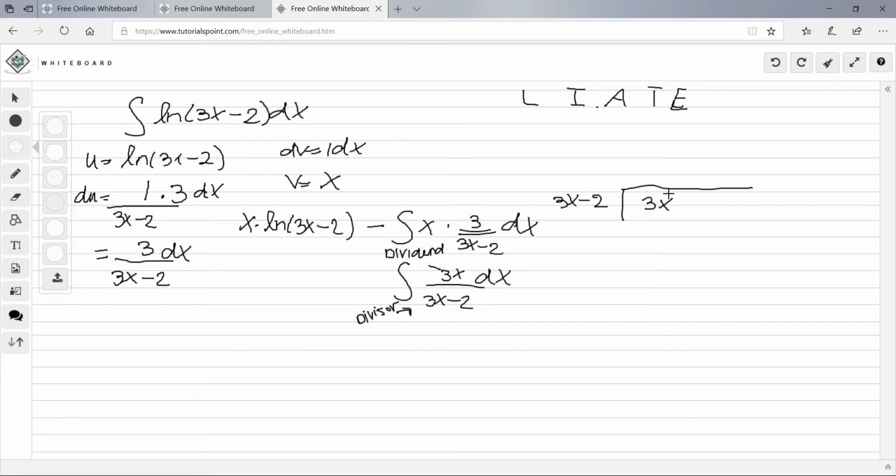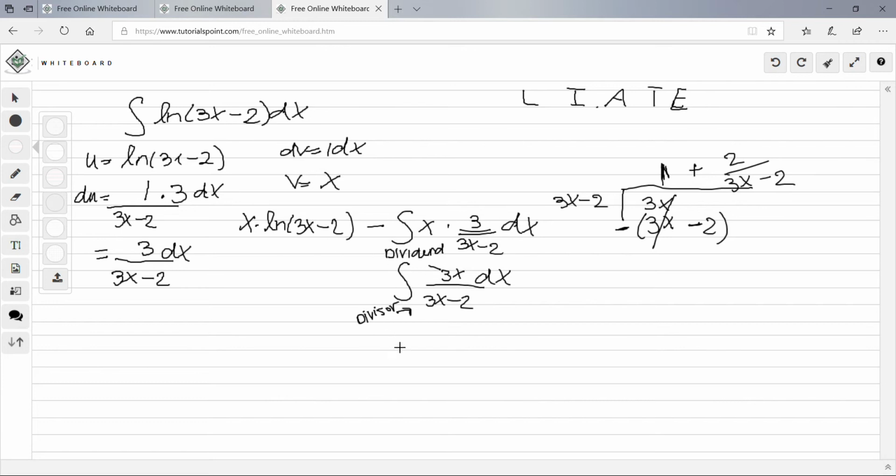So I'm going to use 1 times 3x minus 2, so it's 3x minus 2, right? And then put it negative, distribute that negative, so this 3x cancels, and then 2 negatives becomes positive, so it's going to be plus 2 plus the remainder.